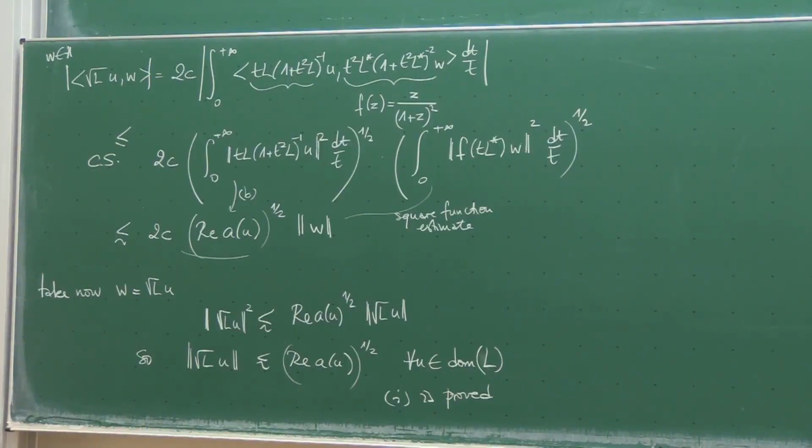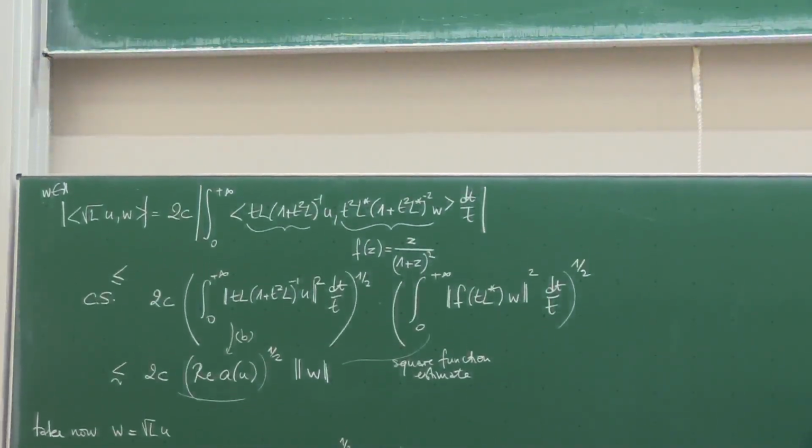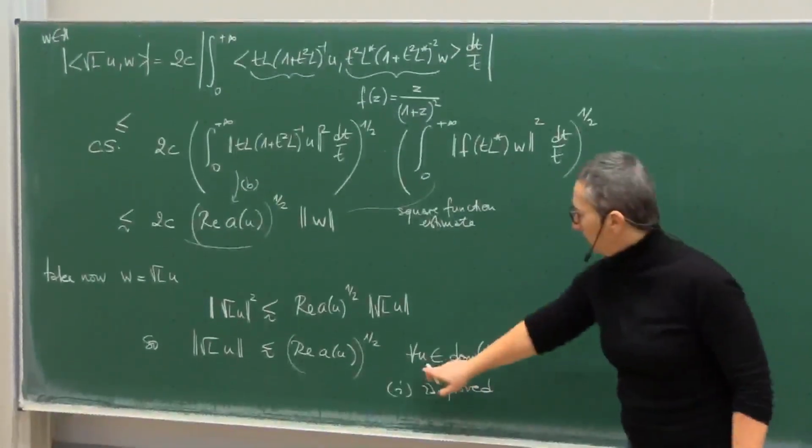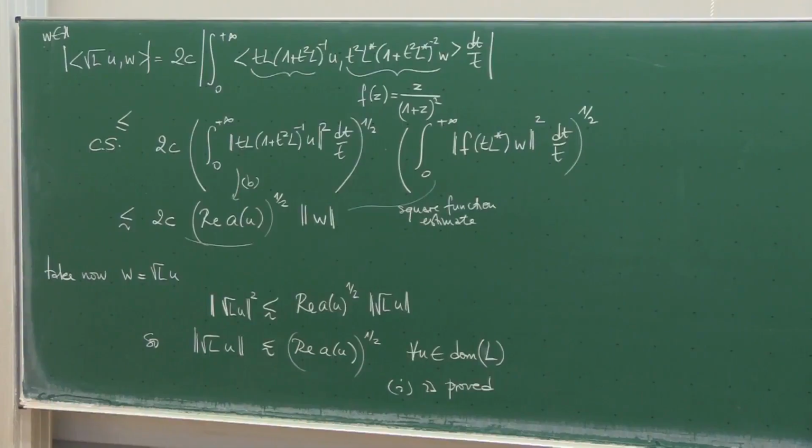Good. So now what we want to have is the same thing, but not with u in the domain of L, but u in the domain of the square root of L. Right?